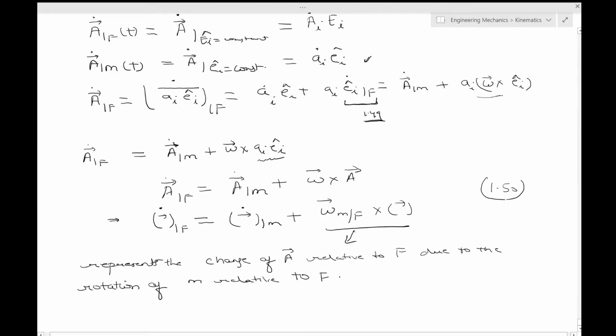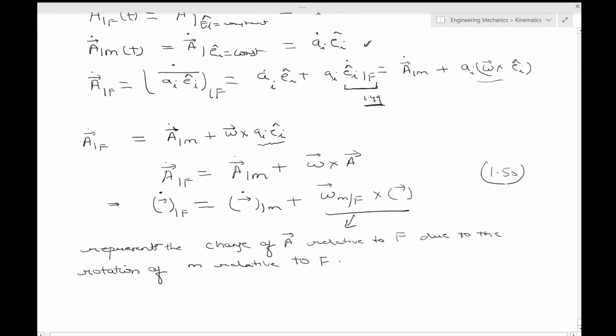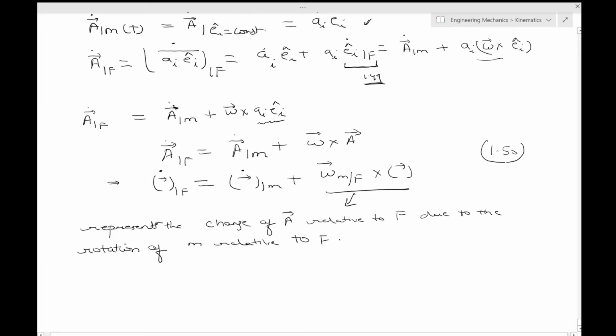So if you want to write the time derivative of omega M by F, what would that be?